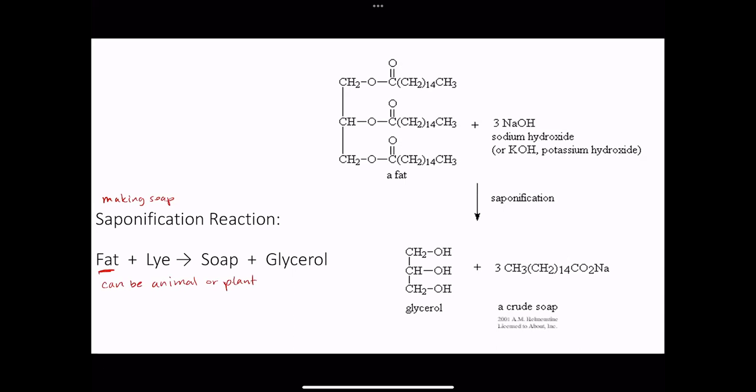And so we know that in general, animals provide fats like butter, milk fat from cows, or oils tend to be from plants like olive oil from olive trees. And then lye. So lye is this sodium hydroxide, NaOH. It's called lye. This is the old-fashioned name, basically before the understanding of chemistry, is that you could get this ash from a mountain and mix it together with the fat from the animal you killed.